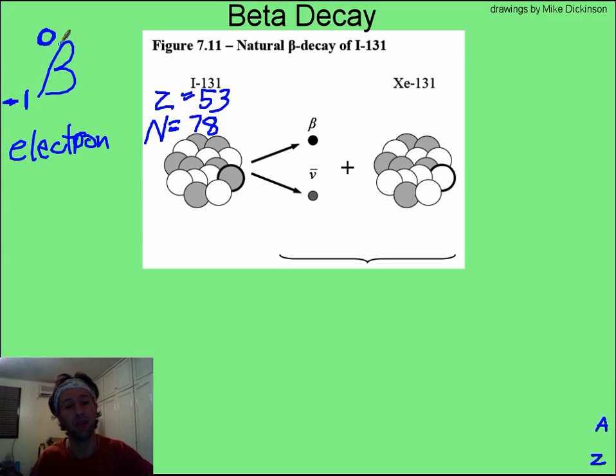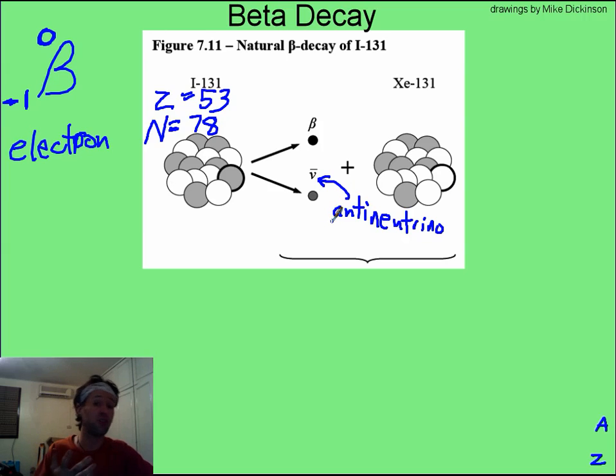It doesn't really have no mass, but its mass is so small it's negligible compared to the rest of the nucleus. This other thing down here, this is an anti-neutrino. And it's almost massless. It has no charge, but it has a little bit of energy. And so we know it exists because the energy otherwise shows up as missing.